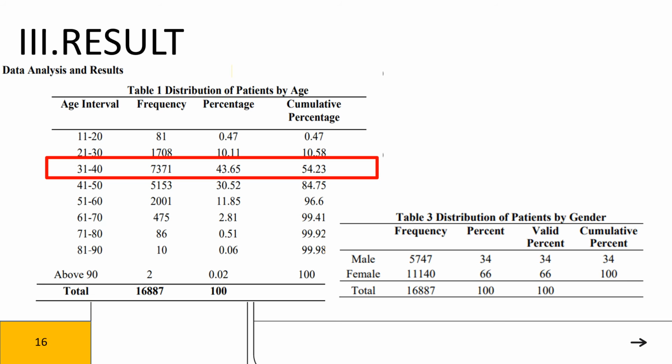And for the distribution by gender, the gender with the highest frequency is female, with a frequency of 11,140. Meaning to say, many of those who tested positive are female.